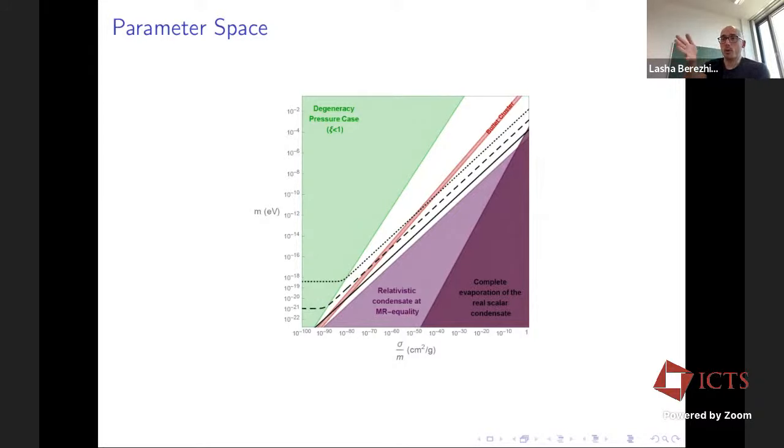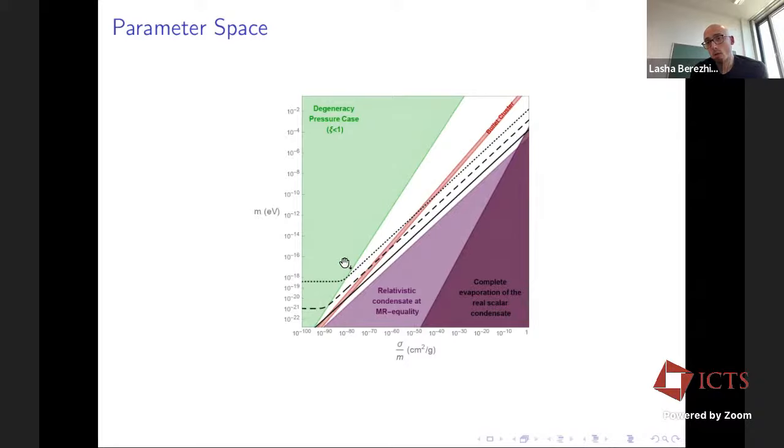If you have a condensate which has only 2-to-2 scattering, you could still have, for instance, 4 particles from the condensate annihilate into 2 relativistic particles, and they would escape, and that would lead to the depletion of the core. This constraint basically comes from asking for the lifetime of these superfluids to be of order of the Hubble time.